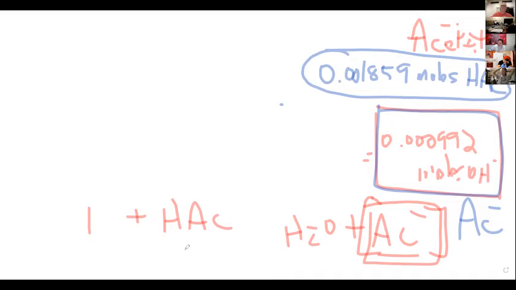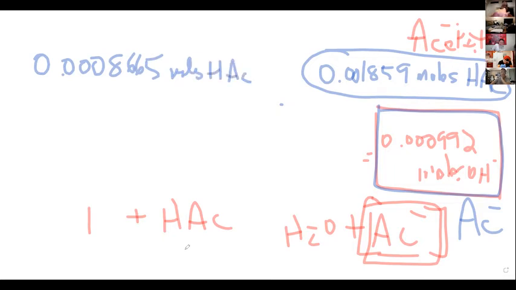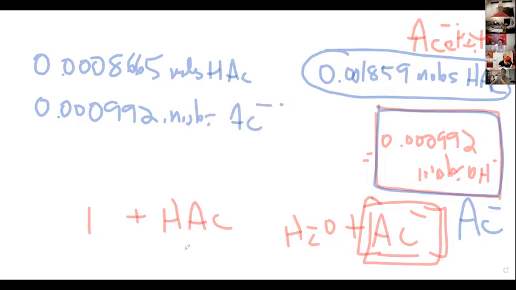Okay. So my difference is 0.0008665 moles. That's how many moles of acetic acid I have left. This is the number of moles of acetate I've got.